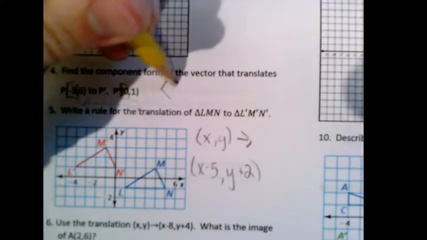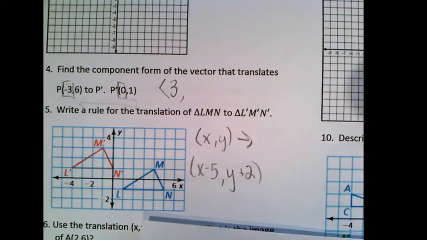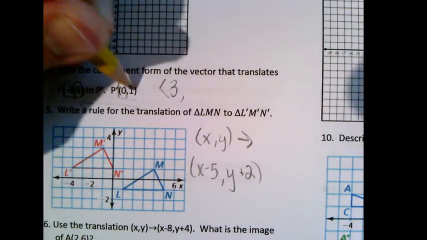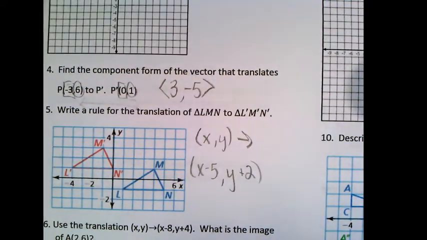So it would be positive 3. And then I'm going from 6 down to 1. So that would be going down 5. Yep, Kayla had it.